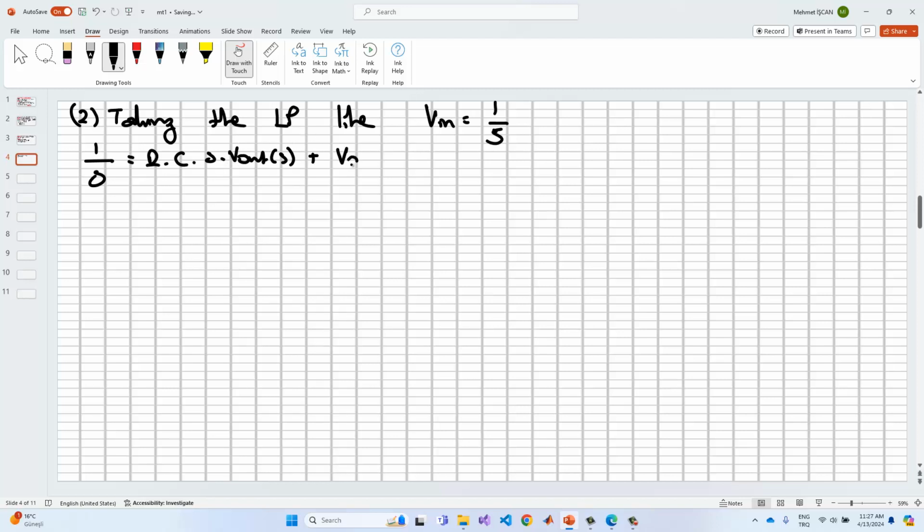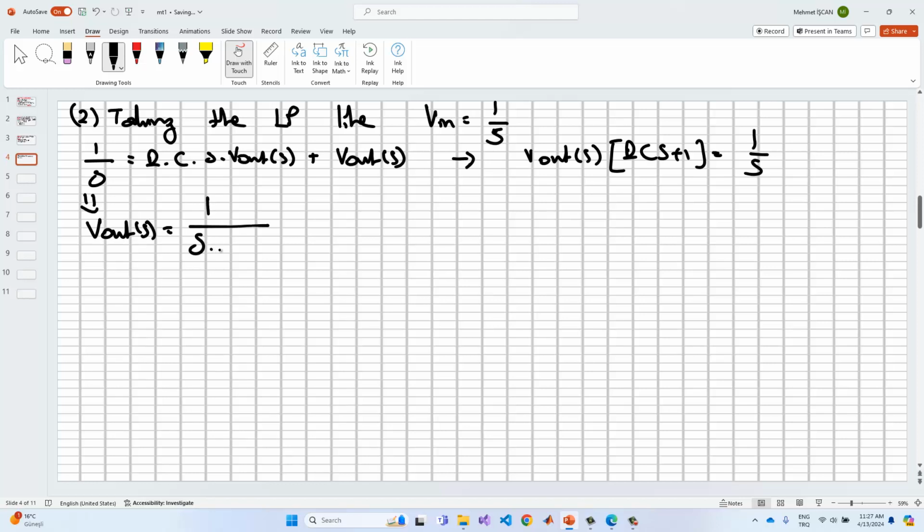Or in another way, V out S times RCS plus 1 must be equal to 1 divided by S. Okay? And so if we reorganize the whole equation, V out S must be equal to 1 divided by S(RCS plus 1).